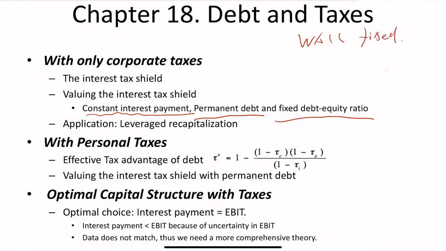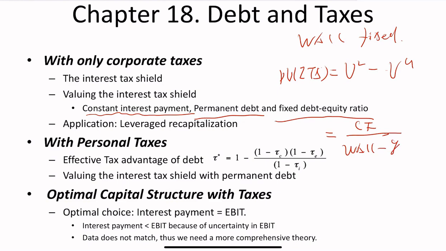So now under this assumption, the interest tax shield would be given by the value with leverage minus the value without leverage. And how do you find out the value with leverage? Well, it's basically the firm's cash flow divided by WACC minus the growth rate.